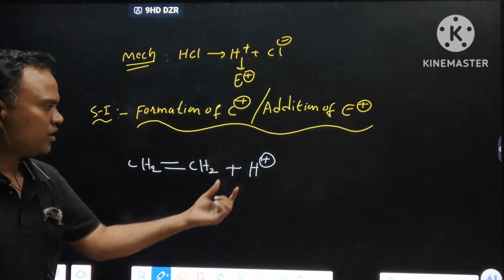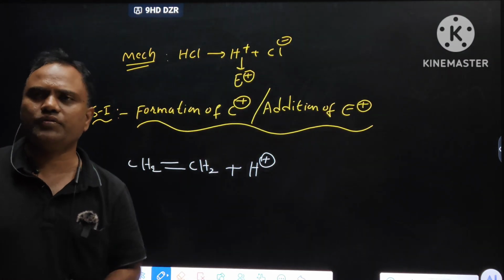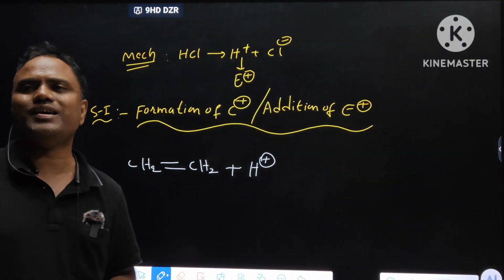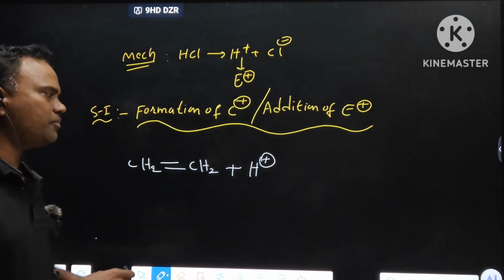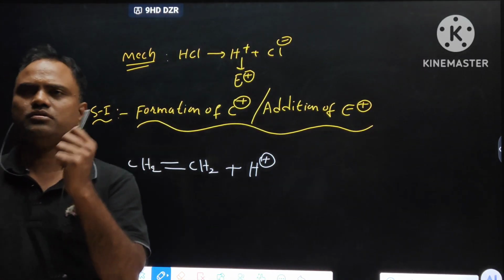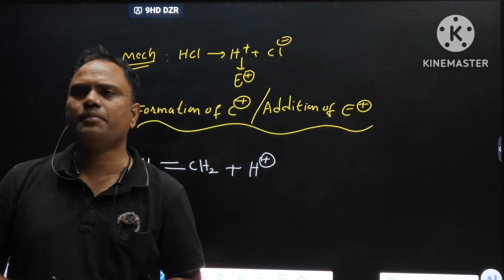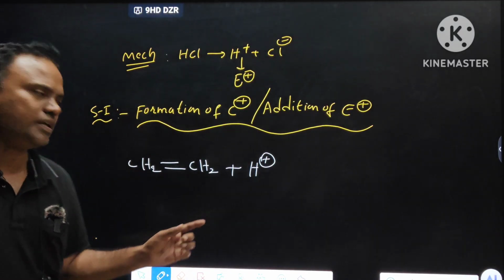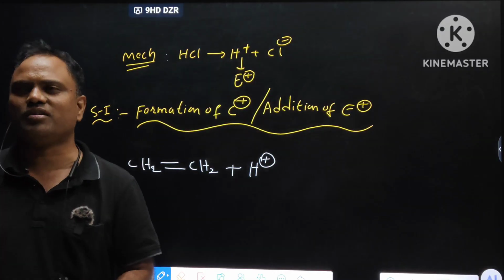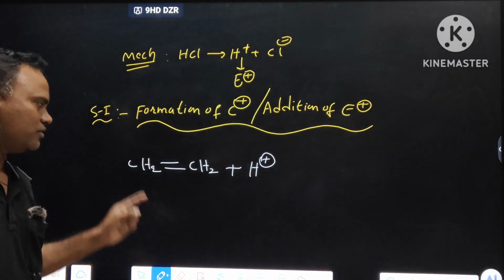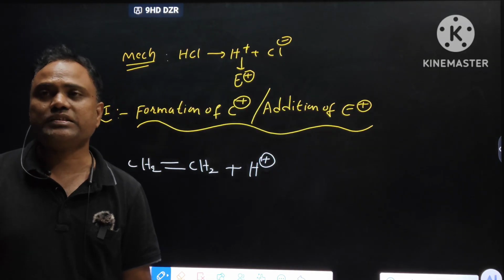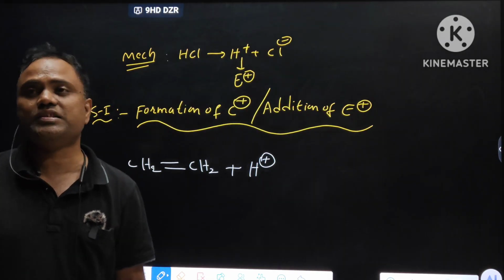Let us see. H plus is electrophile, an electron deficient species. Pi bond itself is considered an electron rich area because pi bond is formed by lateral, sideways overlapping, that is a loose bond. It breaks easily and this site acts as an electron donor. Double bond, triple bond act as electron rich, electron denser areas.